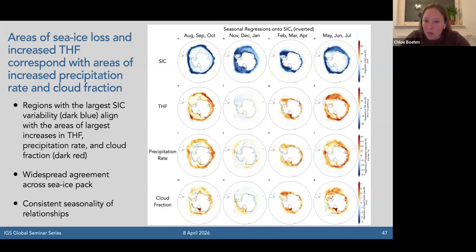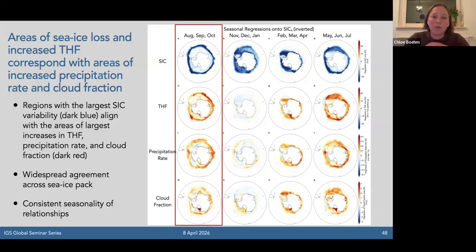We see some regionalities, which is interesting, maybe a bit more over areas of East Antarctica or the Antarctic Peninsula, but it is a relatively widespread response. The fact that the most impacts are occurring during winter highlights that, especially as we're getting more winter sea ice anomalies, those winter anomalies in particular have the power to impact the atmosphere more than some of the sea ice anomalies during the summer.